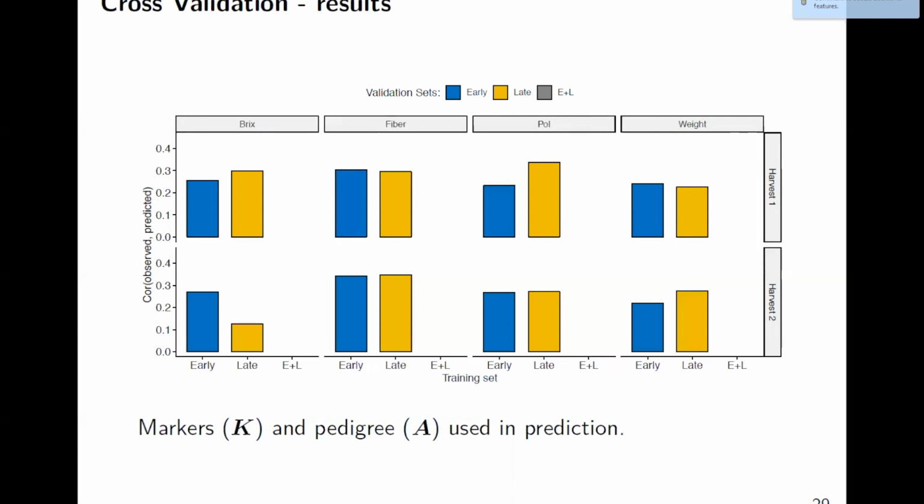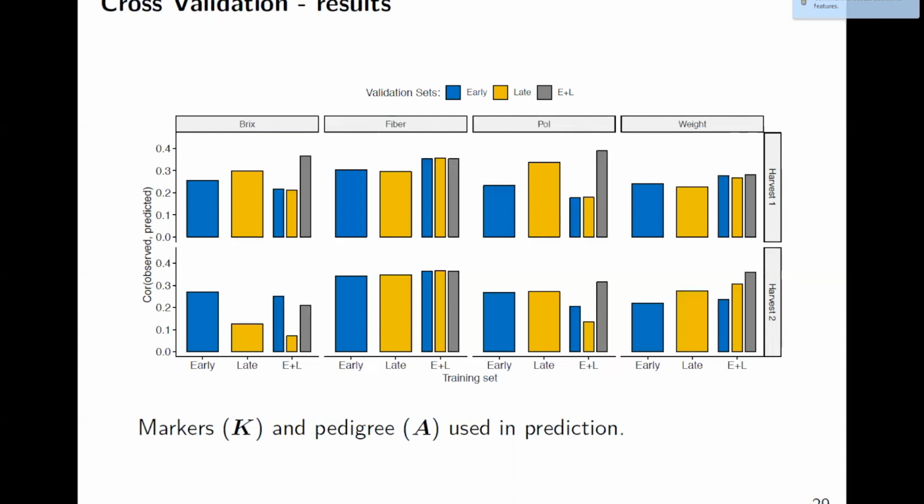Between the traits themselves, in this particular case, there's little difference, but we can see that fiber is a bit better than weight. This cross-validation separates the early and late sets, but another analysis we can do is to put them together, which is what I'm showing here.